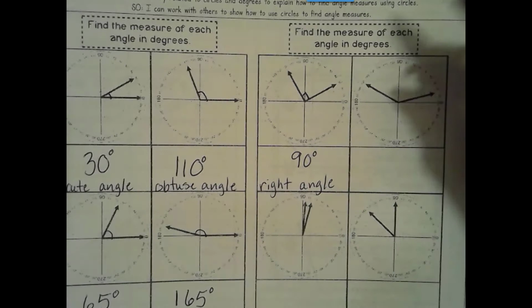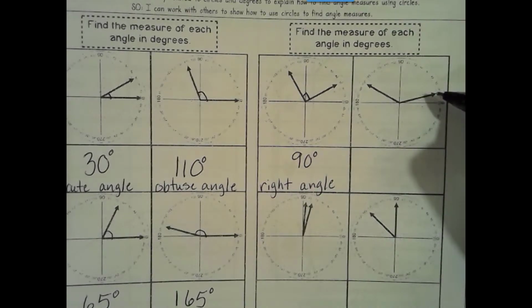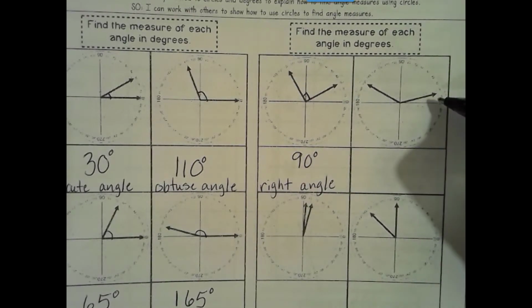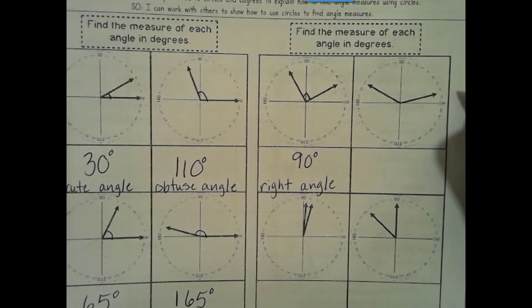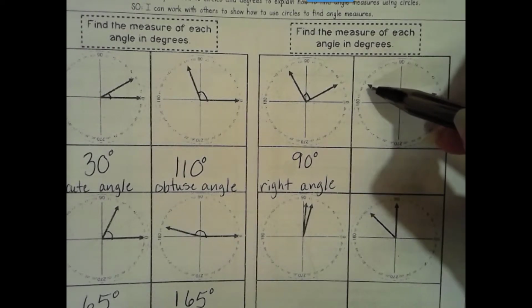Okay. Now this one looks like it's obtuse, but let's check for sure. So it looks like it's pointing halfway in between here. So instead of counting by tens that way, I'm going to start from this side because it's pointing to a definite number.